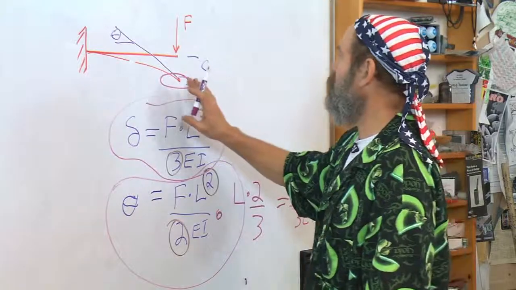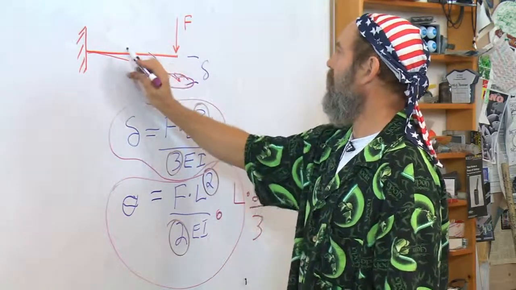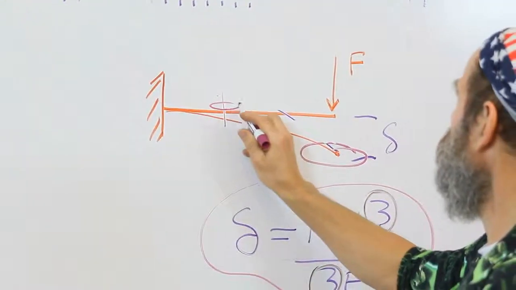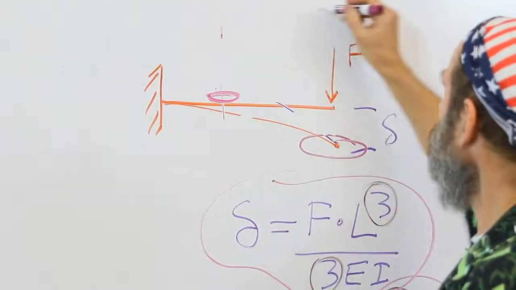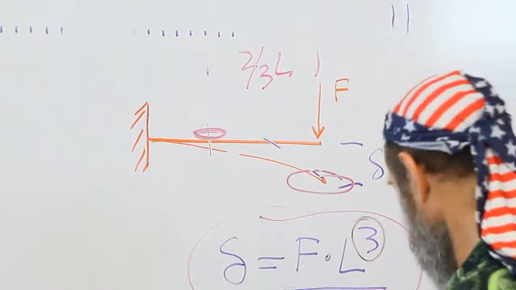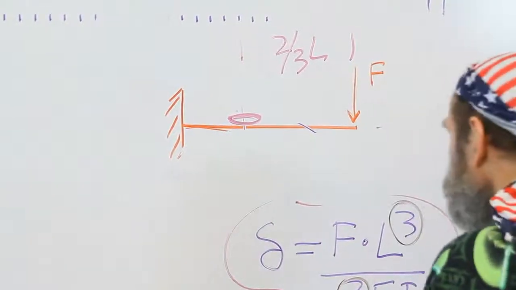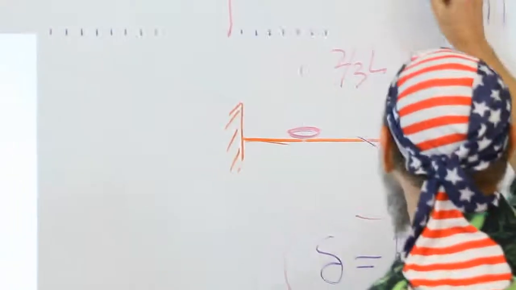So all Bill has to do is mount his lens back here at 2/3 L. This total length is L.